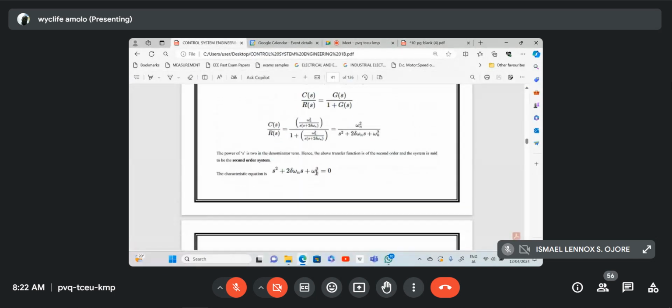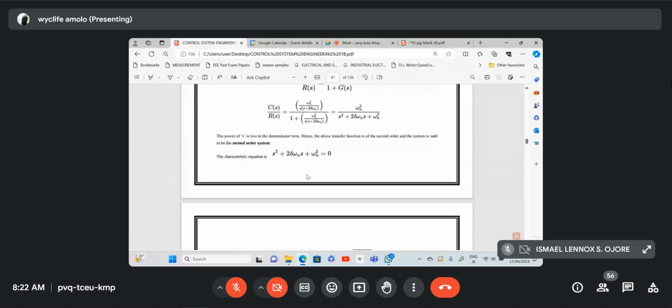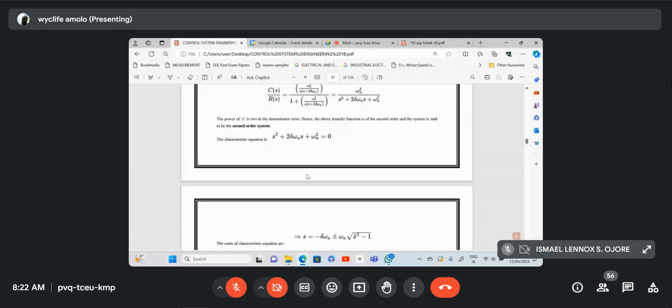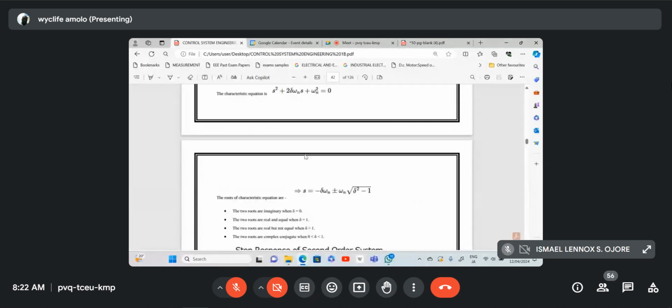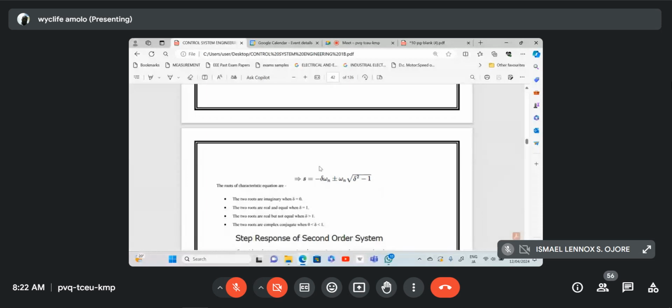Now, this lower part is known as the characteristic equation, and you can put it to 0. You want to see the poles and the zeros here, the poles, because any numerator here, when you put to 0, you want to factorize it and get maybe the response.